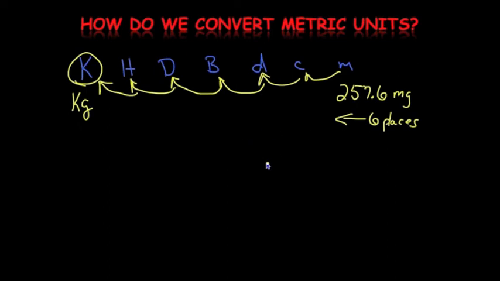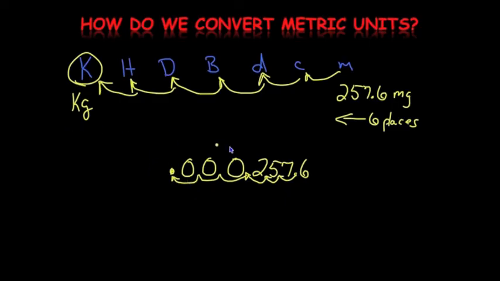So let's do that down here. 1, 2, 3, 4, 5, 6. And add in the zeros. The reason I make the loops is because it reminds me to add the zeros there.